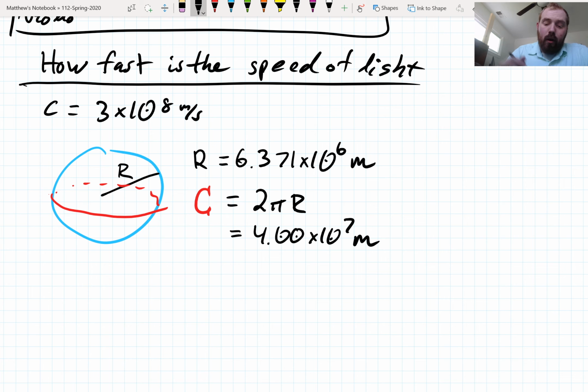So let's compare this distance with the speed of light. The speed of light, c, is 3 times 10 to the 8th meters per second. Now I'm just going to change units.